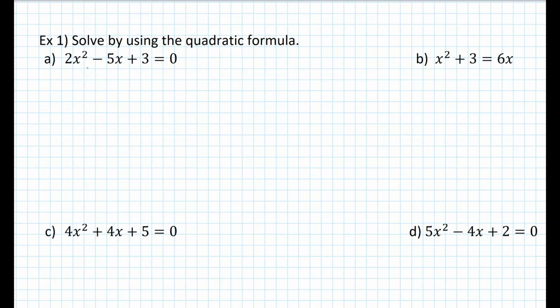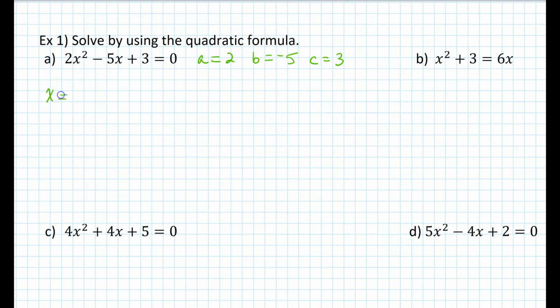No. All right, so I'm going to go ahead and label my pieces. I'm already set equal to 0. My a term is 2, my b term is -5, my c term is 3, and so now this just becomes what I call a plug and chug problem. You just plug it into the formula and chug out the answer.